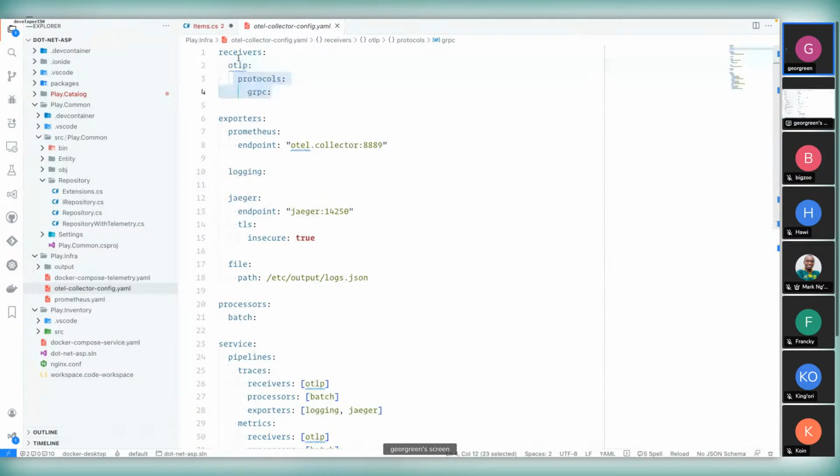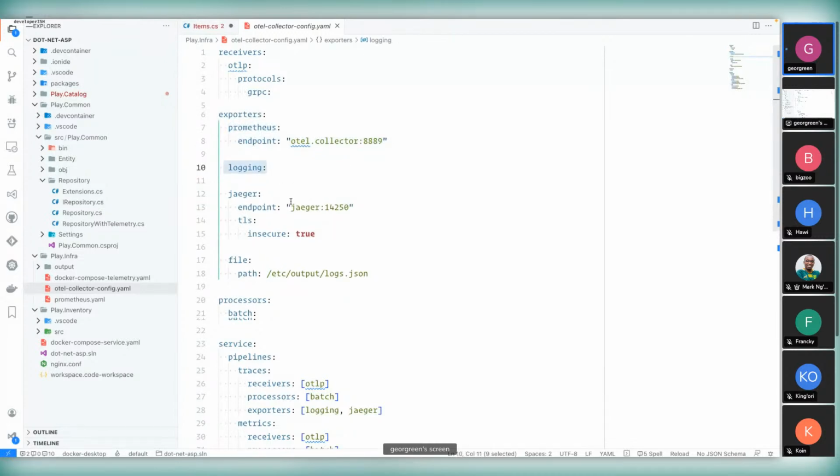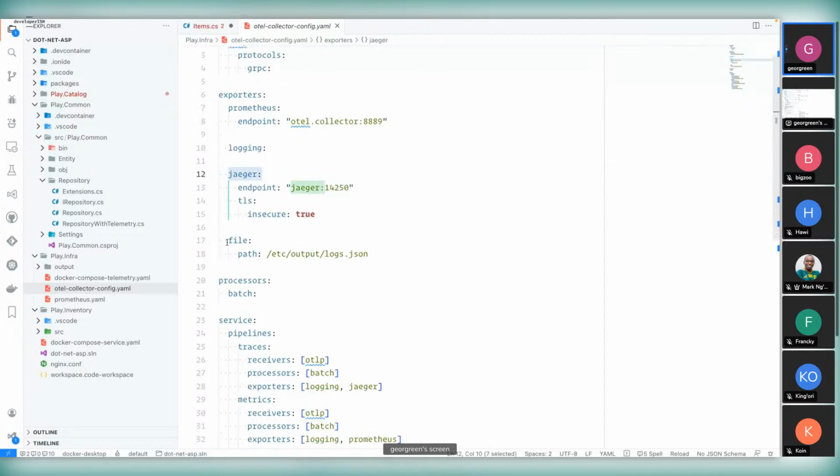So my application will send telemetry to it through this protocol. And then after it receives that telemetry data, the question is where should it take it? This is where the idea of exporters comes in. I say, whenever you get data, send it to Prometheus, send it to our logging infrastructure, also send it to Jaeger, and also send some of this stuff to a file.